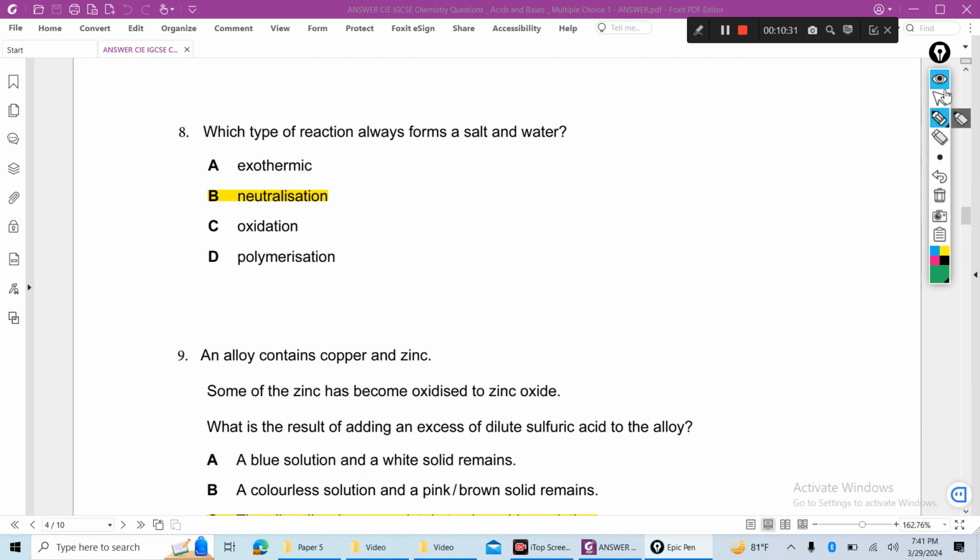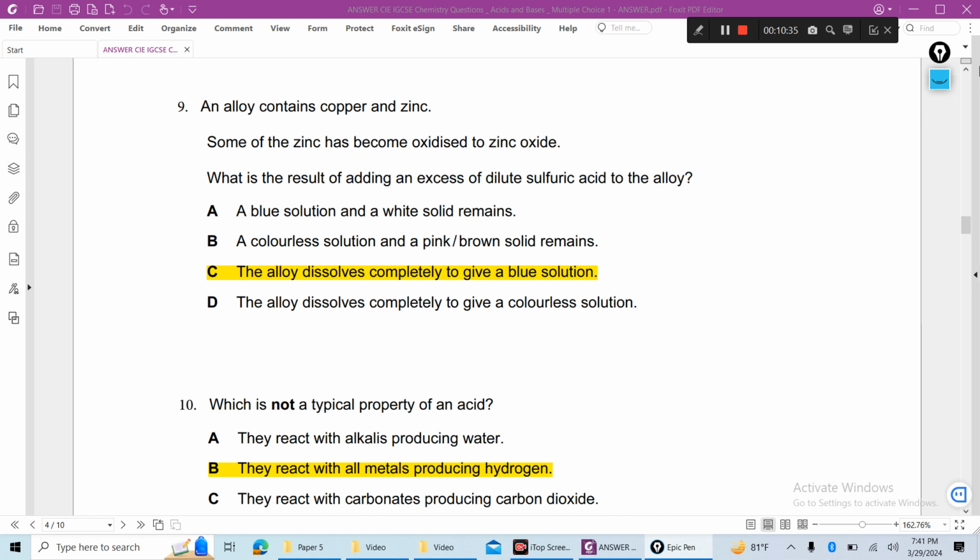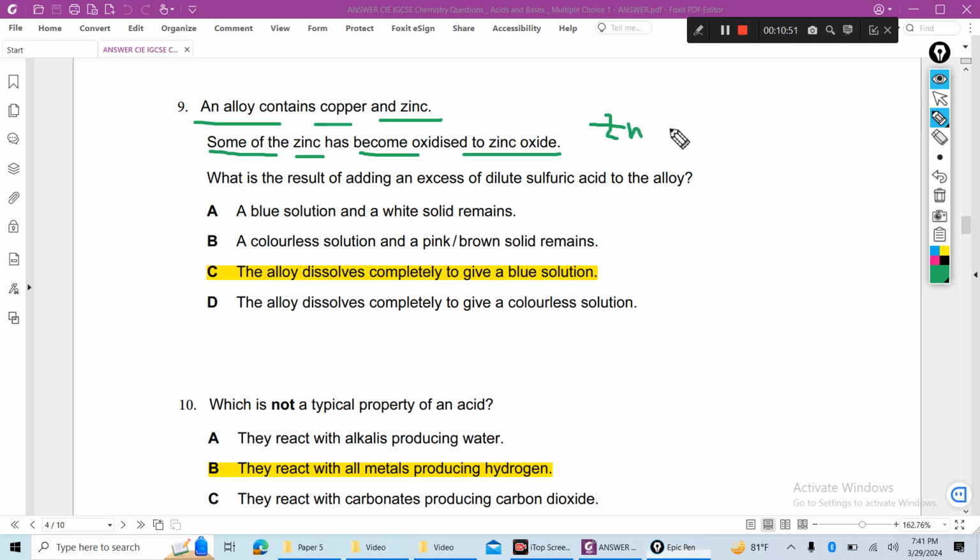Now 9. An alloy contains copper and zinc. Some of the zinc has become oxidized to zinc oxide. Zinc oxidized to zinc oxide, oxygen is added.